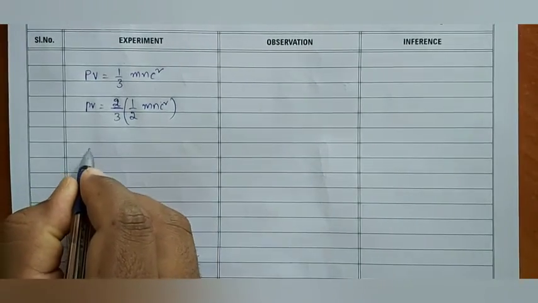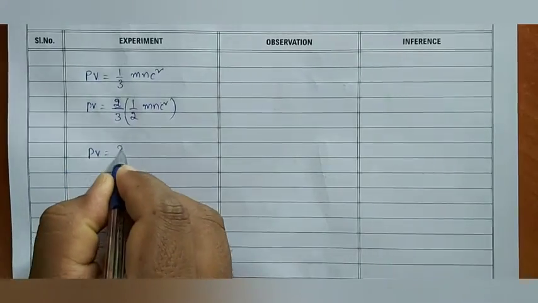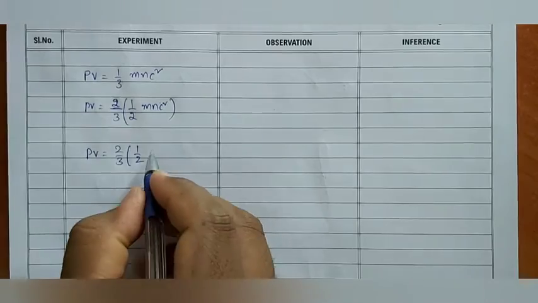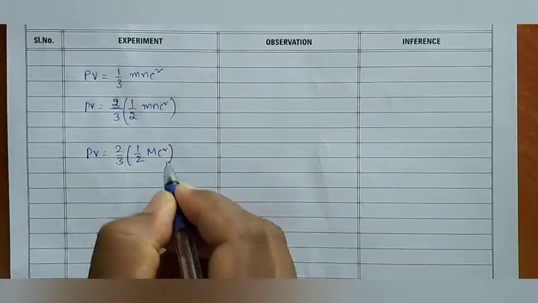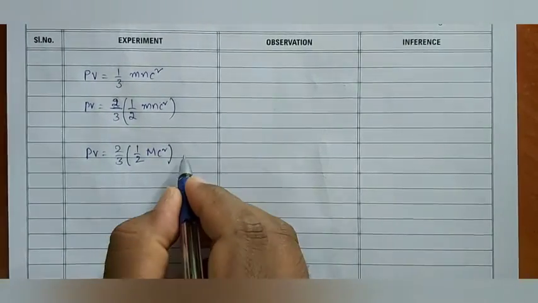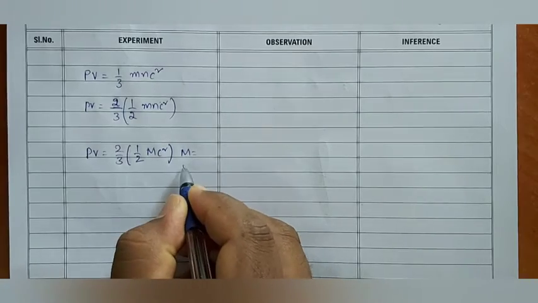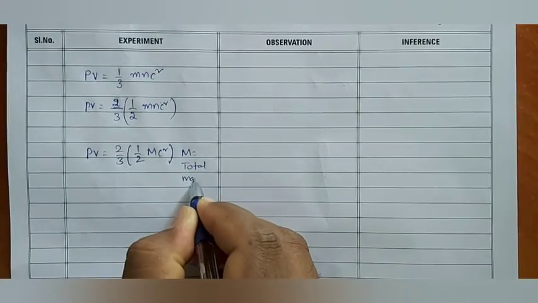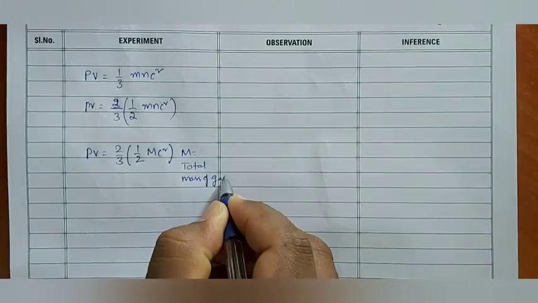Next, PV is equal to 2 by 3 into 1 by 2 into capital M c square, where capital M is called total mass of gas.